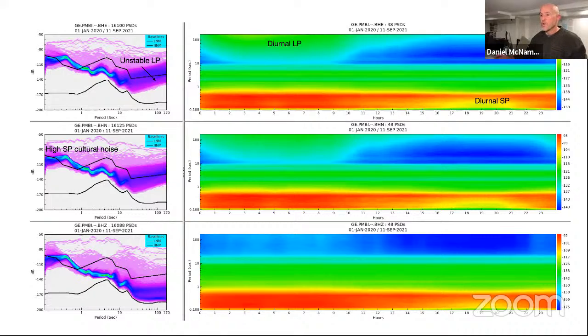The other thing to note is that the vertical component here even has a fair bit of diurnal variation. So you can see even the vertical is moving a little bit more. That suggests that it's really going through a lot of tilt. If you can see it on the vertical, it's moving a lot.